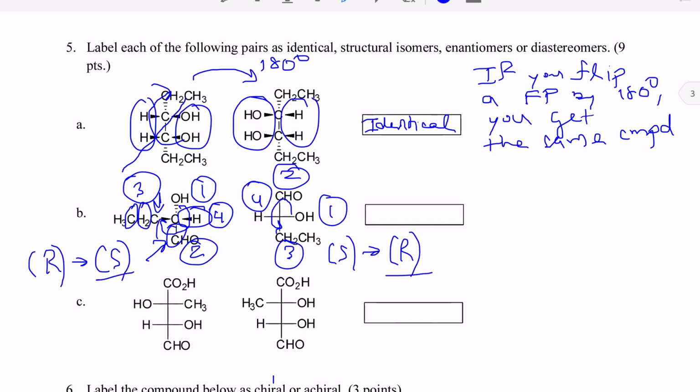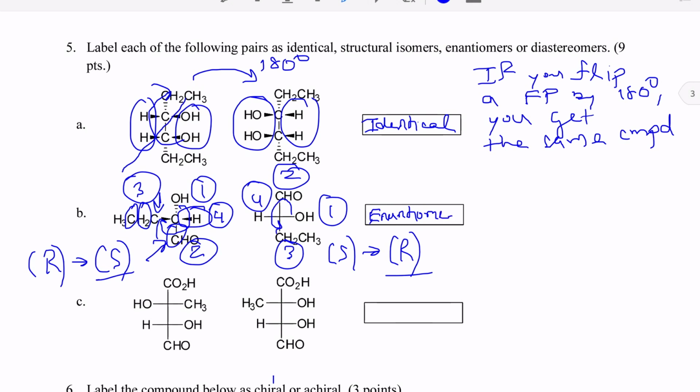So we see that these two compounds, which have the same atoms, the same connectivity, but different orientation in space, have two different configurations, and that means that they are a set of enantiomers.